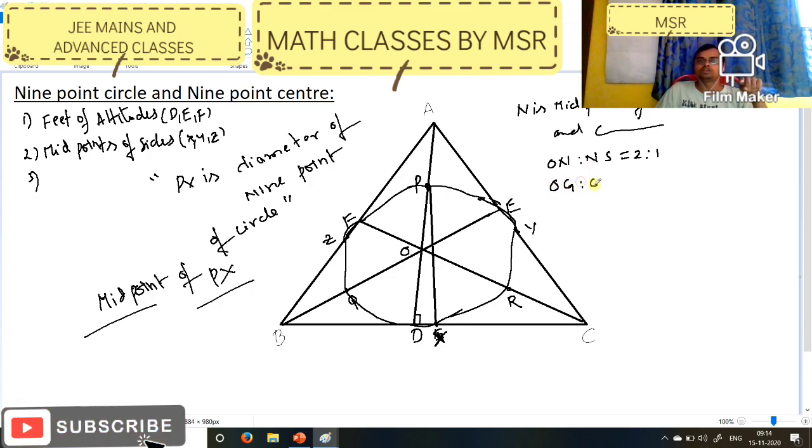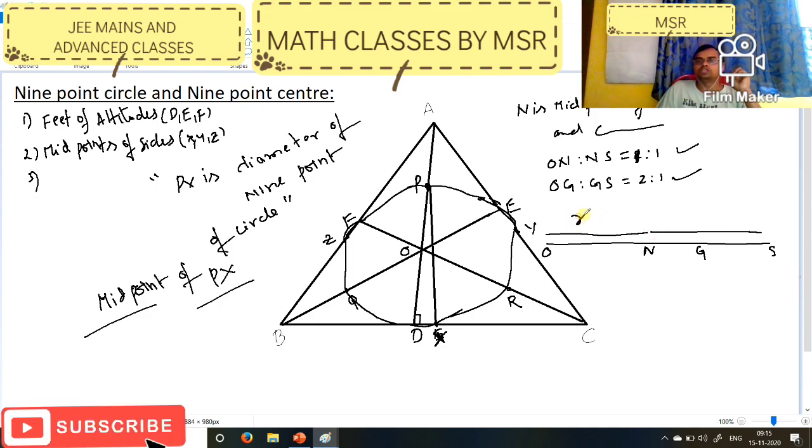OG is to GS is 2:1. From here, if I draw a line O, N, G, S, N is the midpoint of OS. ON length is x, NS length is also x, and OG to GS is in 2:1 ratio. So this is 2y, this is y.